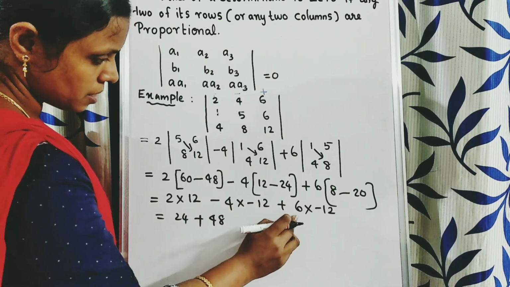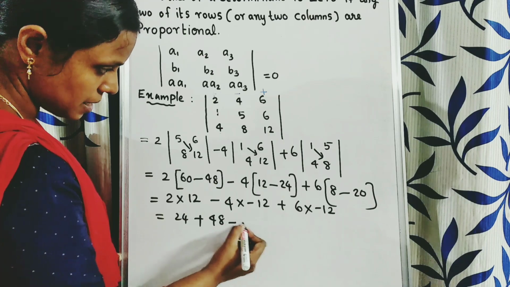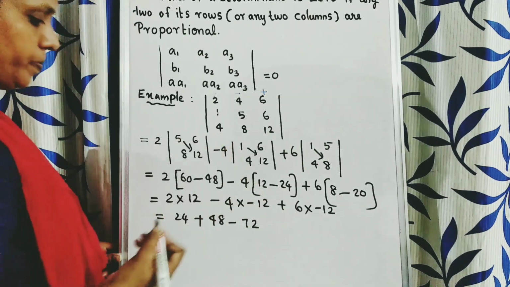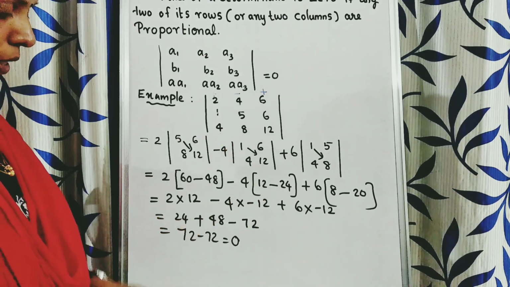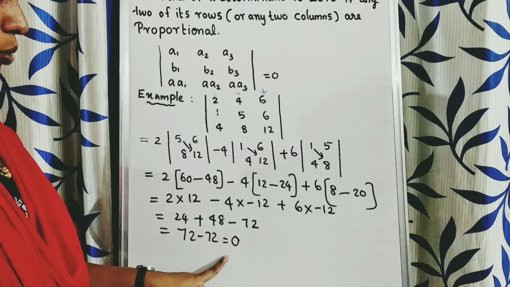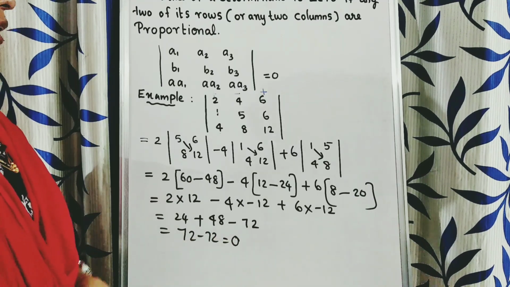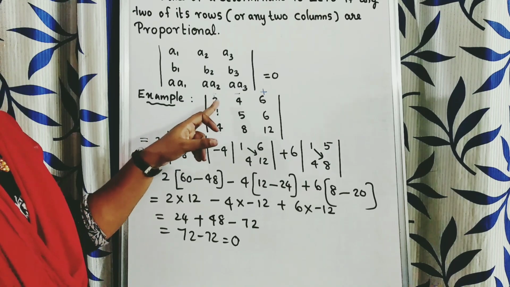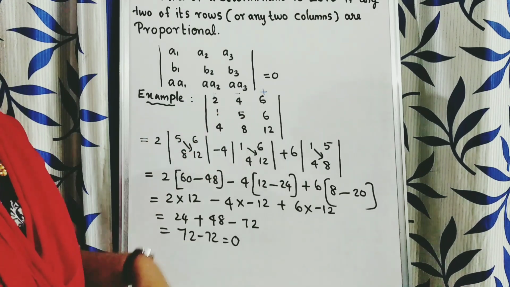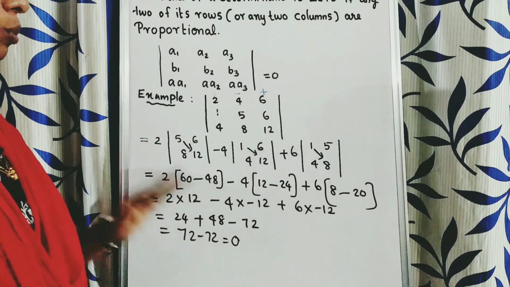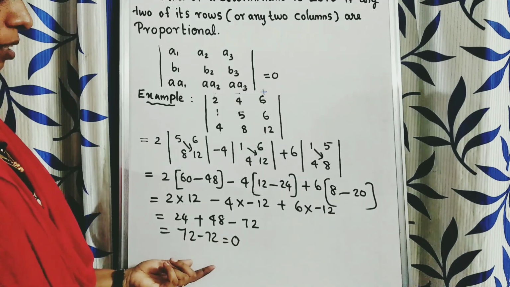Next is 6 into minus 12, that is minus 72. Then 24 plus 48 is 72, minus 72, that is equal to 0. That means the determinant of 2, 4, 6; 1, 5, 6; 4, 8, 12 equals 0. That verifies the third property.